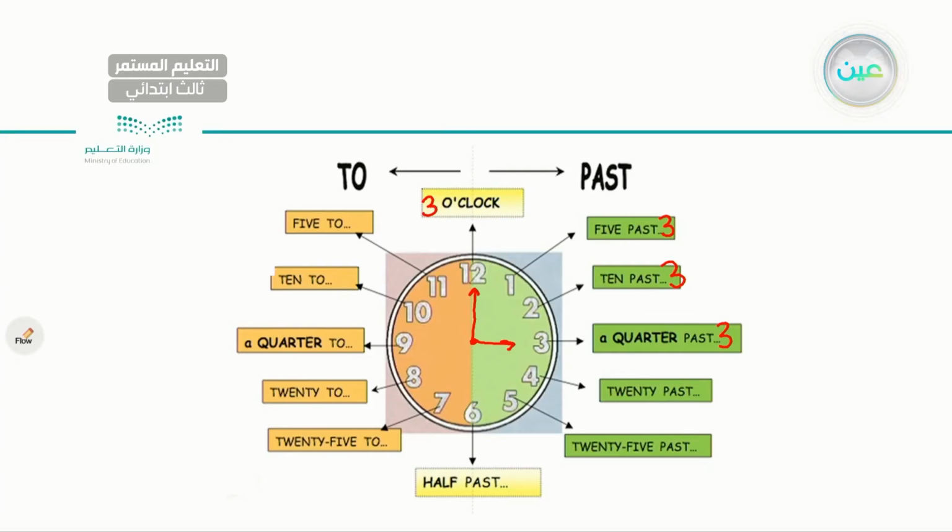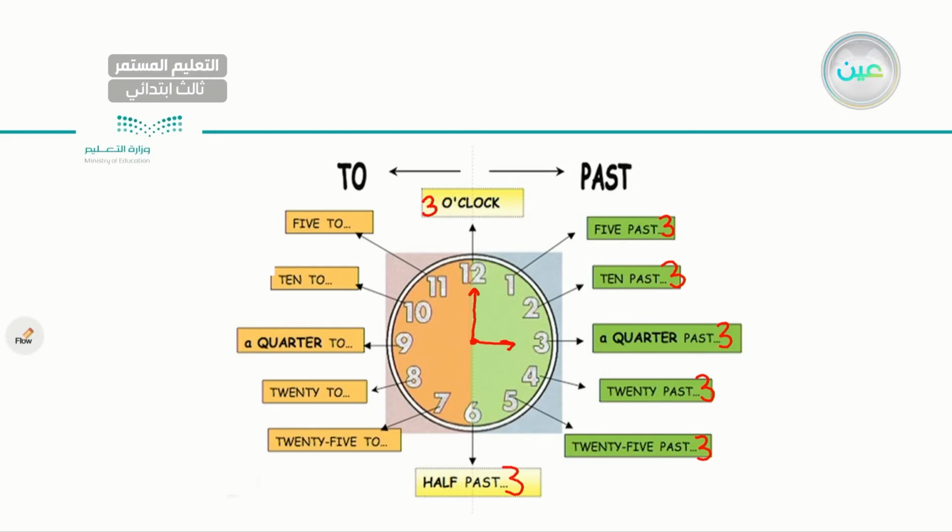Let's add 5 more. 20 past 3. Very good. Let's add 5 more minutes. 25 past 3. Very good. Now, I have 30 minutes. So remember, we might say 3:30 or half past 3. Okay. Now we will use another word. We will not be using past. We will be using to. 25 to. Now, is it to 3?